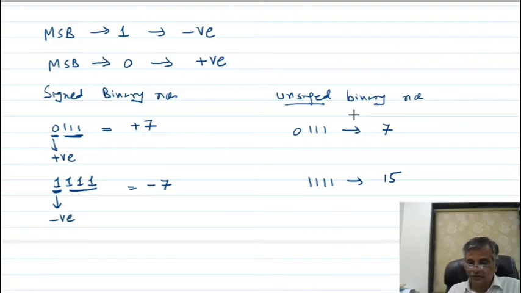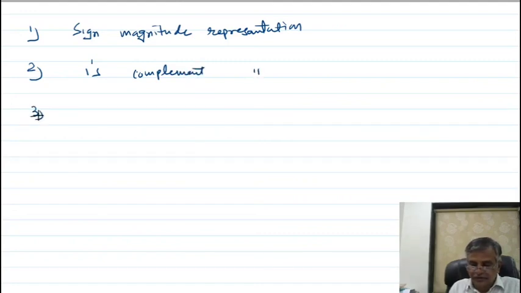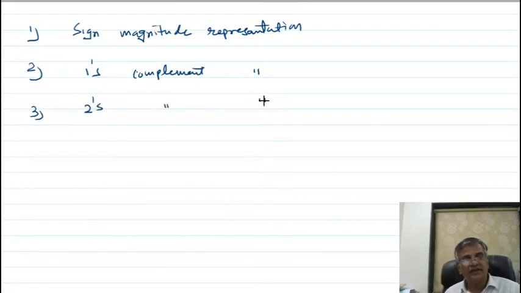There are 3 methods to represent the sign of a binary number.